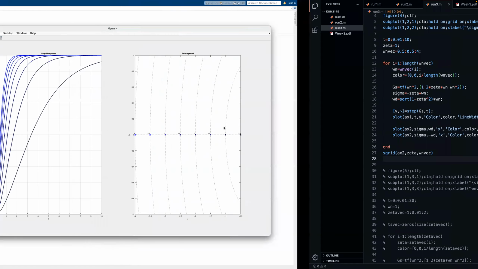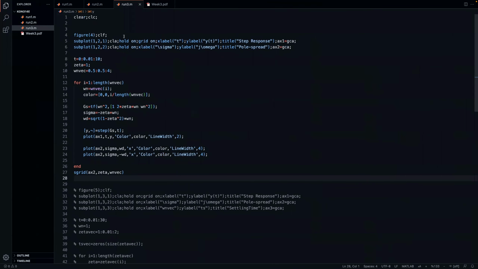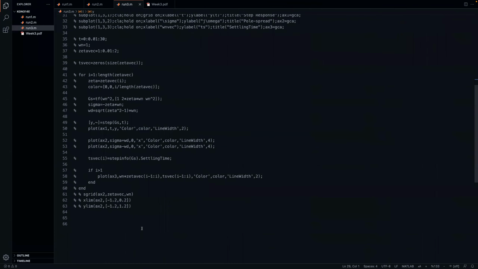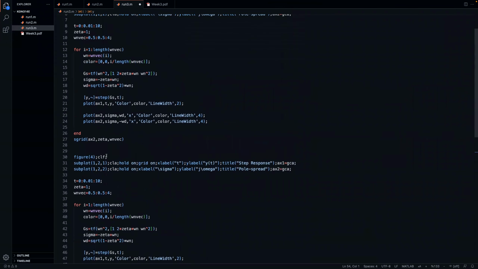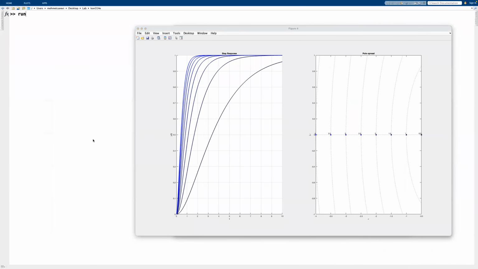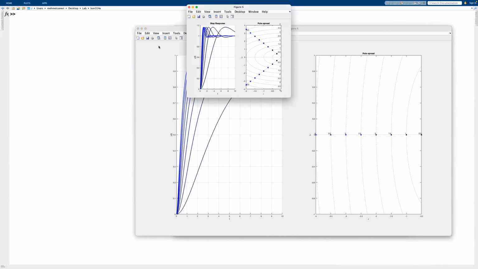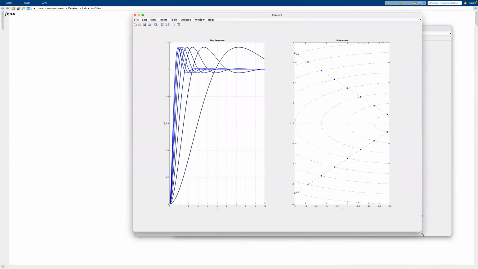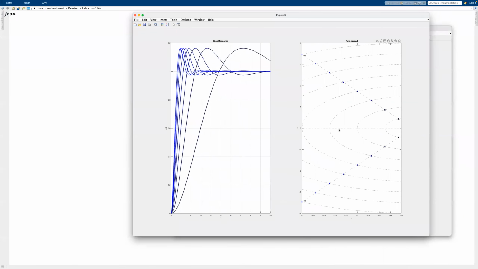So what we can do is we can just copy and paste this stuff here for figure 5. Like that. And change the value to like 0.5. Let's see what happens now. Now we can see that instead of being on the real axis, we have fixed zeta.